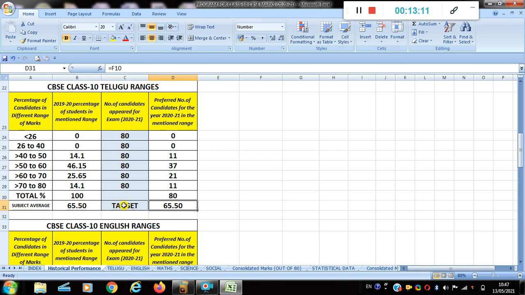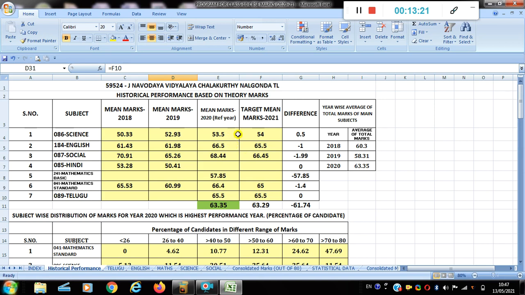Our target is we need to reach the subject average of 65.50, that we will be moderating later. So here the key thing is once again the same thing, we need to fix the target mean marks for this year, satisfying the CBSE conditions.